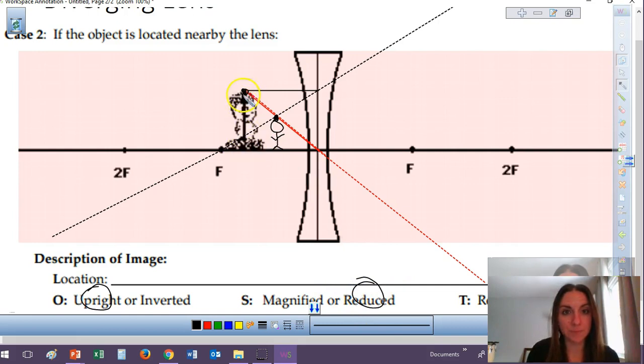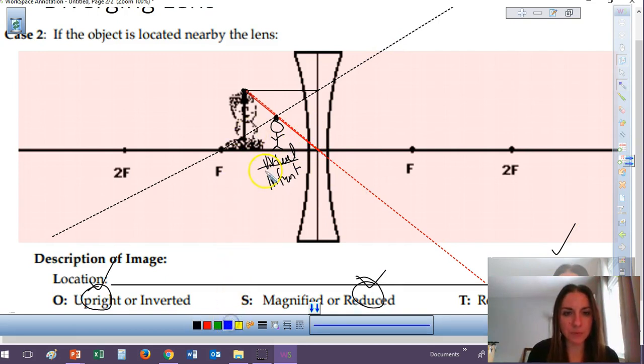Making up a height here, 5 feet, and this would be like 2.5 feet. So definitely smaller. And I know I can't really check on it, but this is virtual because it's in front of the lens. In fact, diverging lenses will always make upright, reduced, and, I know you can't see it, virtual images.